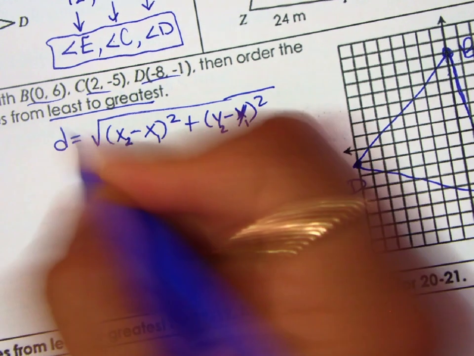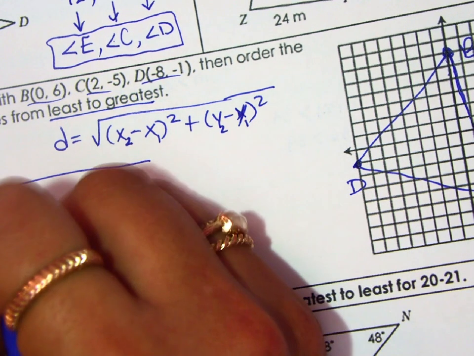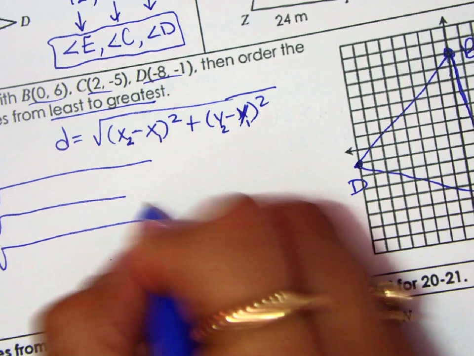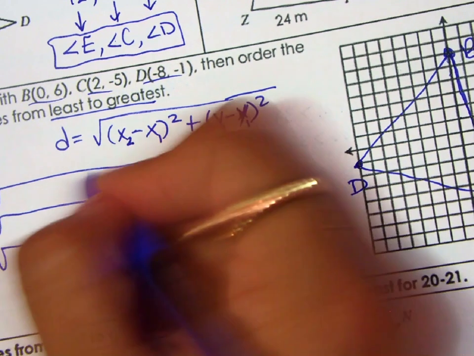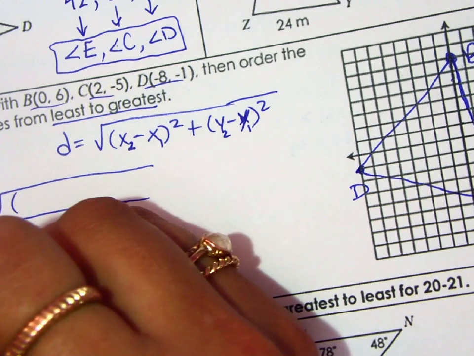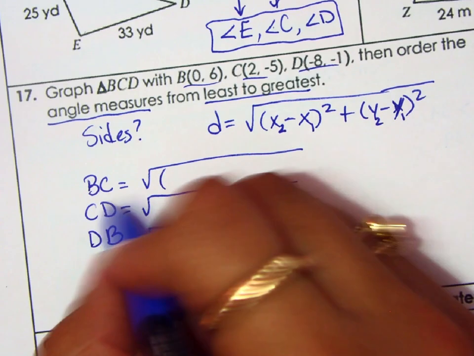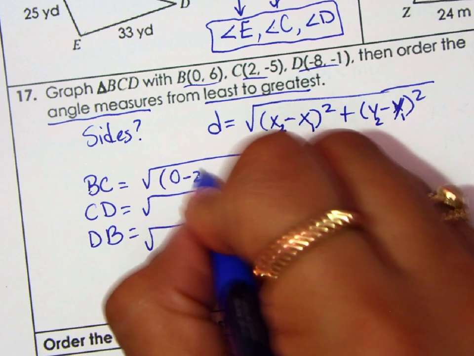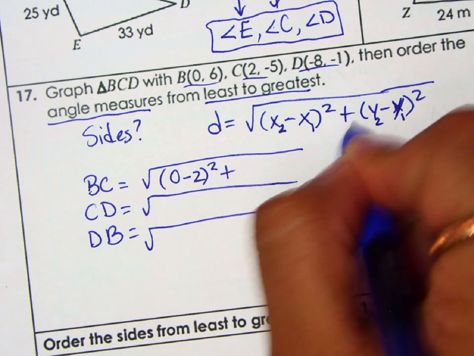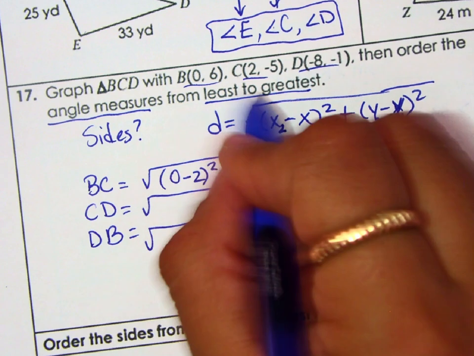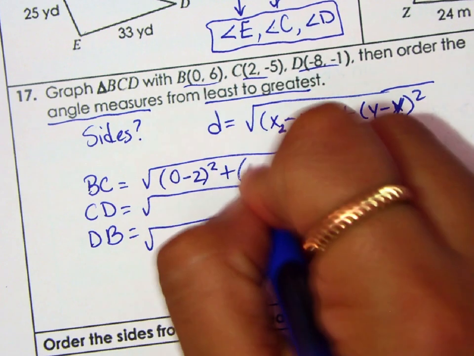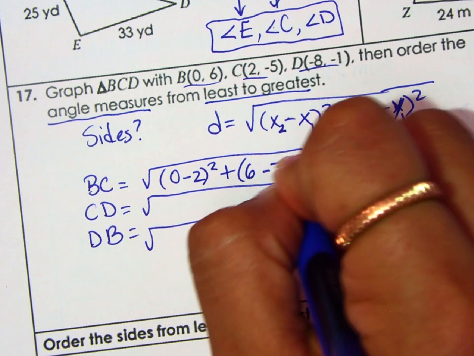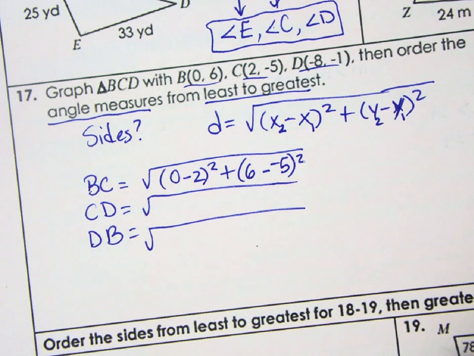Each one will create its own expression. So square root of the x's of B to C: 0 minus 2 squared plus the y's of B to C: 6 minus negative 5 squared.